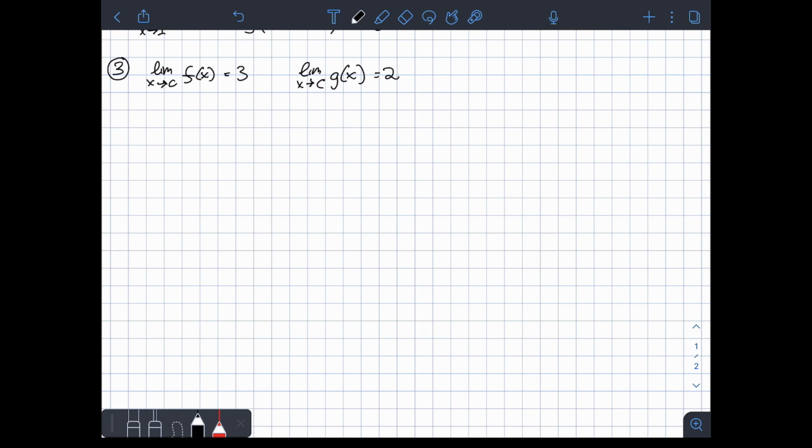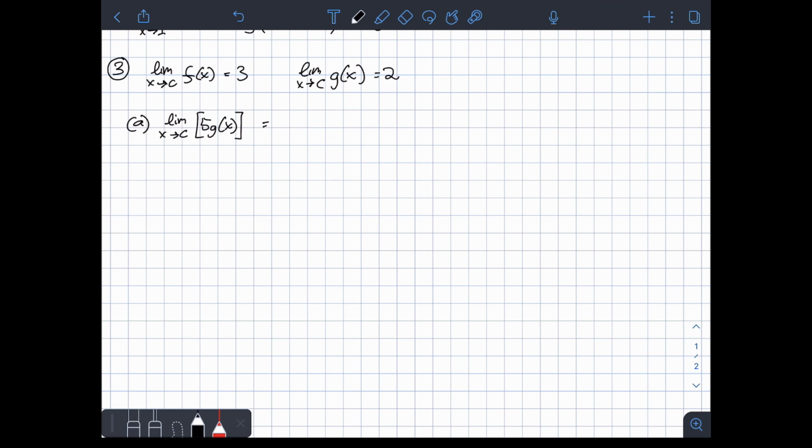So for the first part of it, do multiplying by a constant. So if you have the limit as x approaches c, again that's the same x value, of 5 times g of x. So over here for a constant, the rule is you can take out the constant.